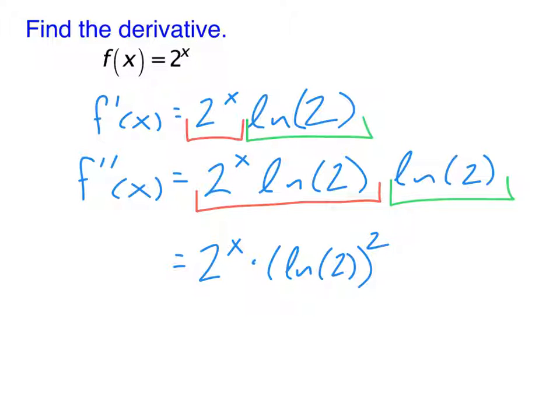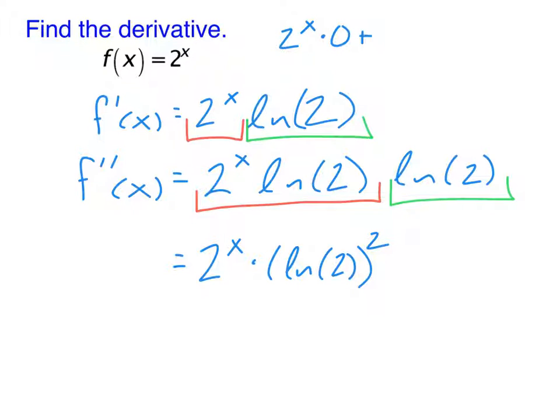The other way some people do it is product rule, but I want you to see that it does give us the same thing. So if you'd done this by product rule, we would have gotten up here the derivative of 2 to the x, so original times derivative, so that'd be original 2 to the x times the derivative of natural log of 2, but the derivative of natural log of 2 is 0.